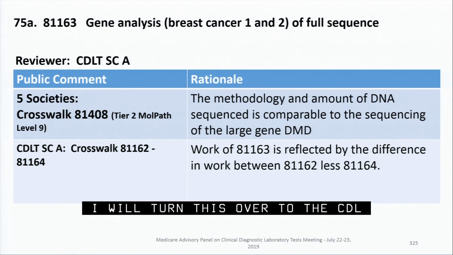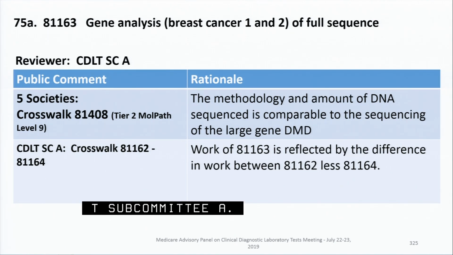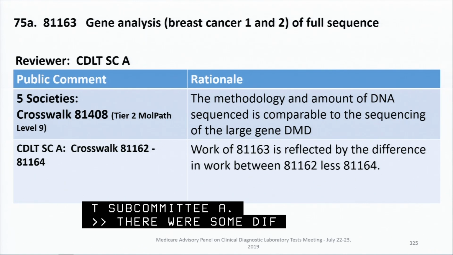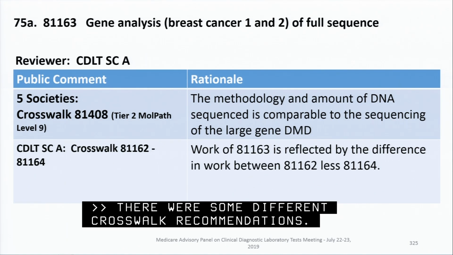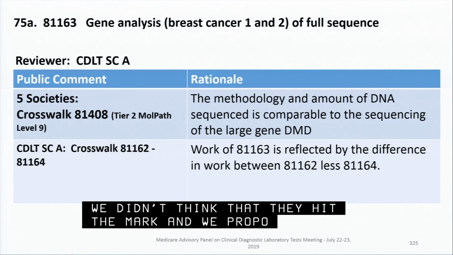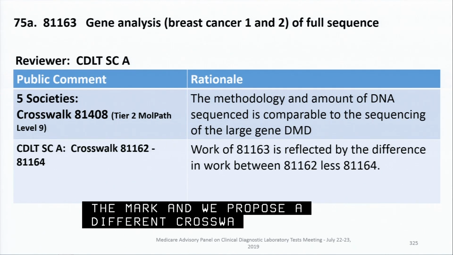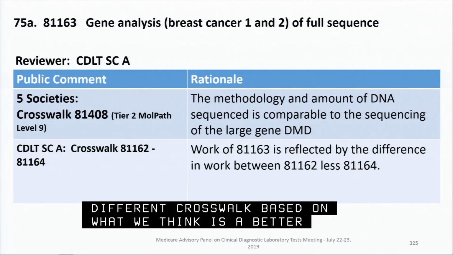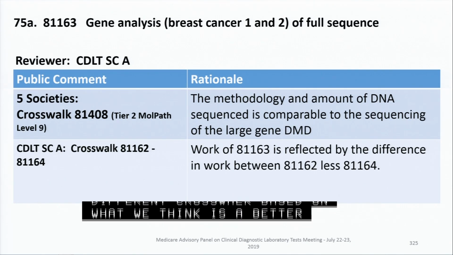Thank you. So there were some different crosswalk recommendations, but our group talked about this, and we didn't think they quite hit the mark. So we proposed a different crosswalk based on what we think is a better representation of the work involved. And so there's a little math involved here, but it's simple math.